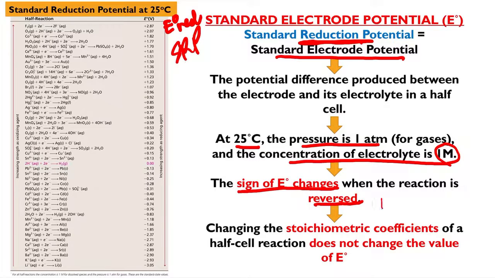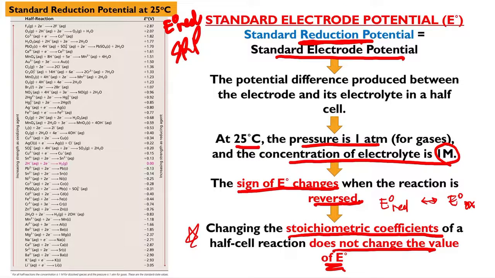So this one is basically when you have your E0 reduction dengan E0 oxidation. Okay, ini yang when your signs are reversed. Okay, but remember, changing the stoichiometric coefficients of your half cell reaction, it does not change the value of E0.